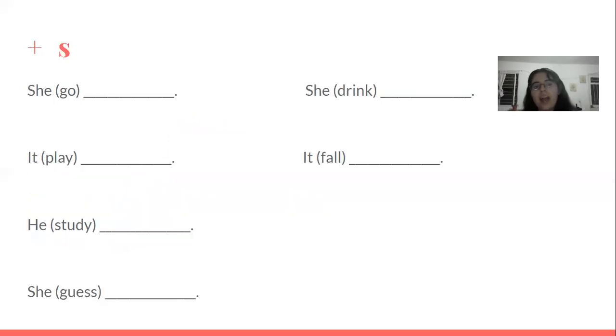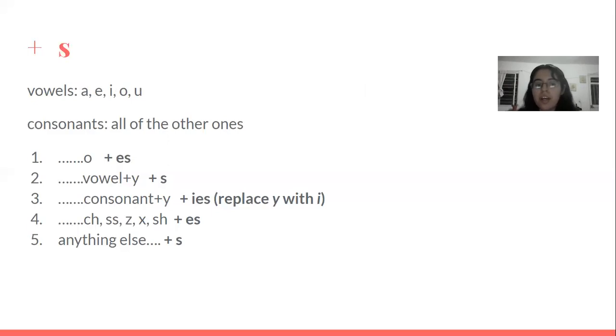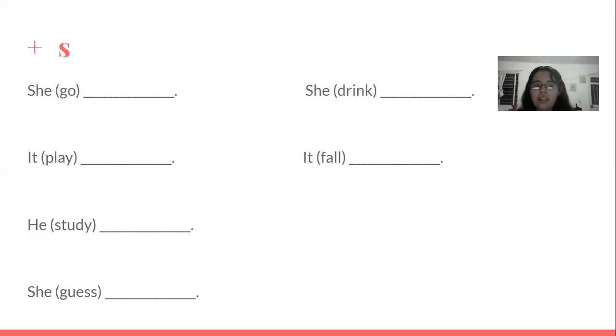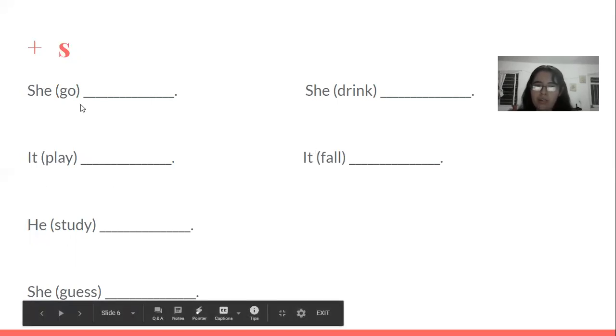So here we have some exercises, and I want you to add the S according to these rules, because it's for he, she, and it, and all of these are like that.